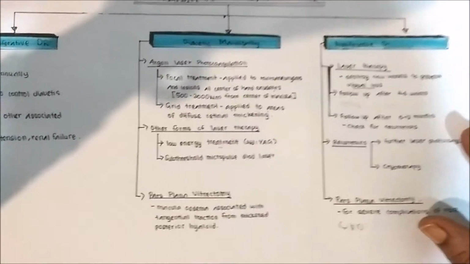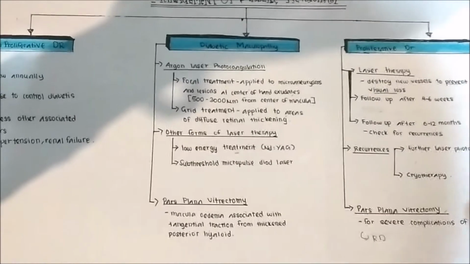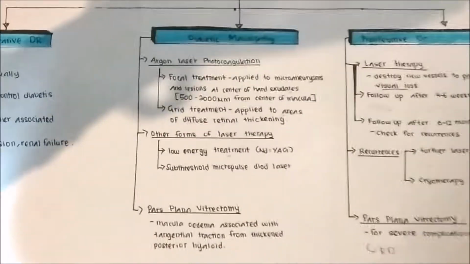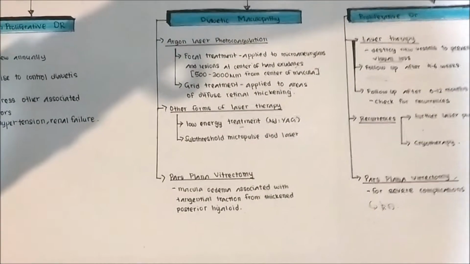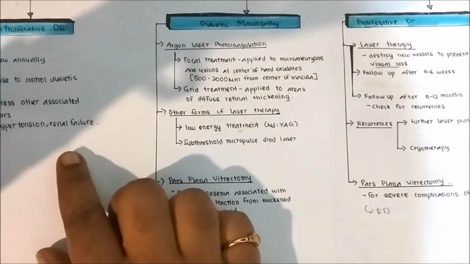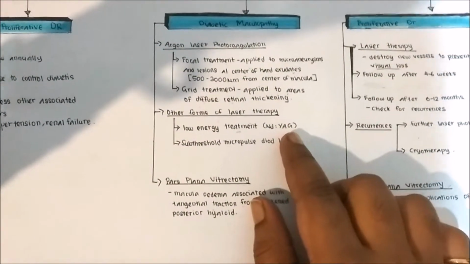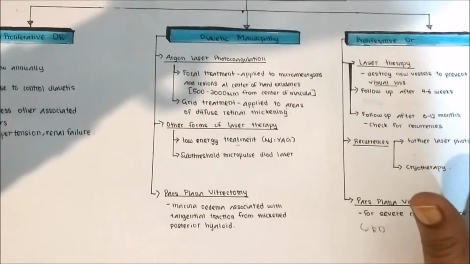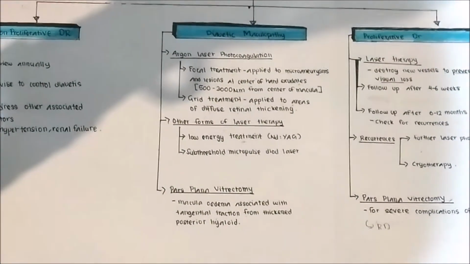Management of diabetic retinopathy. We have 3 ways to manage diabetic retinopathy, because we have 3 types of complications, which are non-proliferative diabetic retinopathy, diabetic maculopathy and proliferative diabetic retinopathy, and each of it should be treated in different ways.